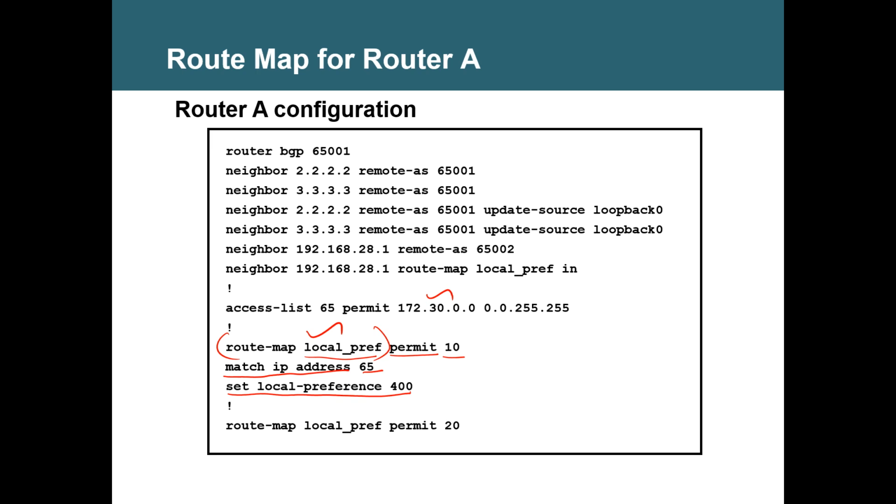Access list and prefix list do the same job, but prefix list allows you to use the slash notation. You can say greater than, less than, greater than or equal to, less than or equal to. Those operations are not there in access list. We have them in prefix list.